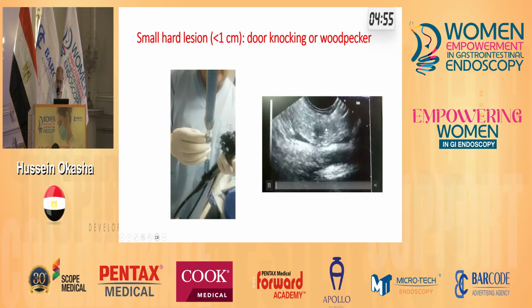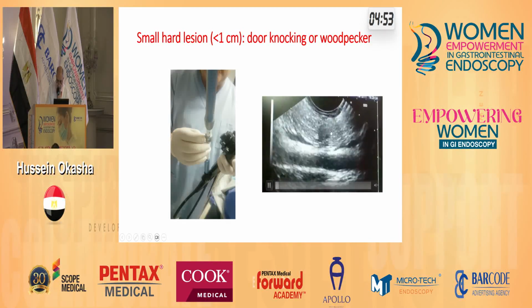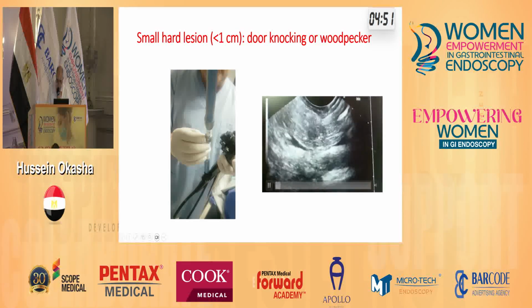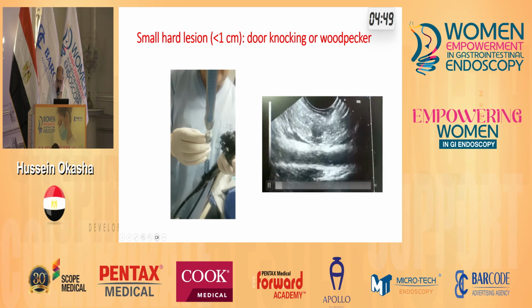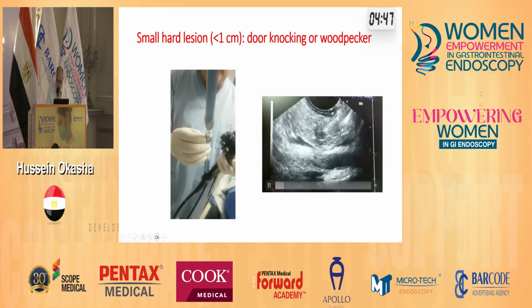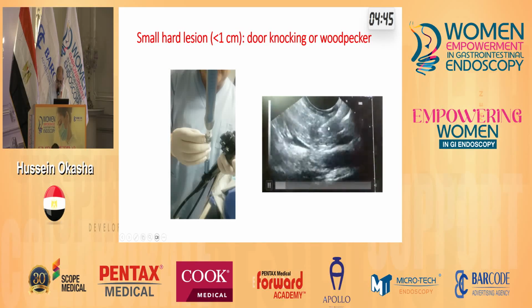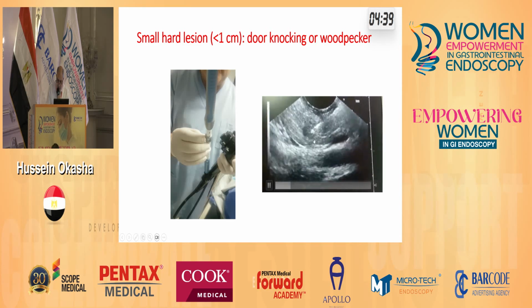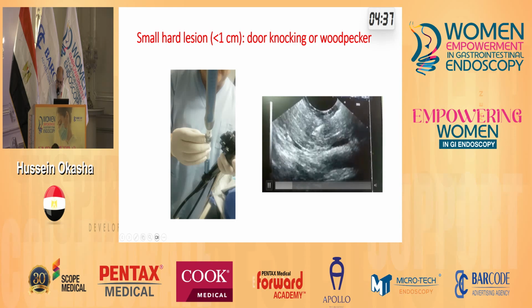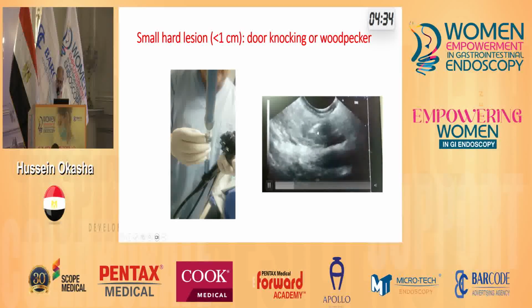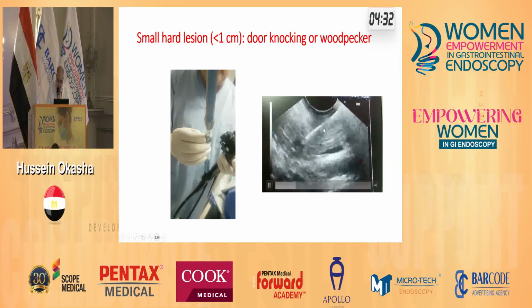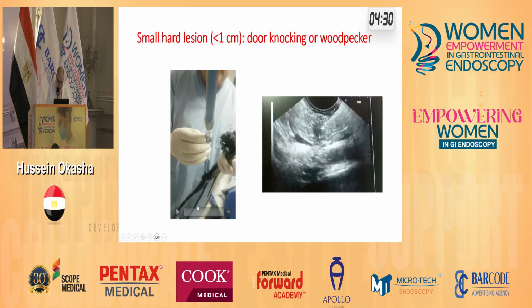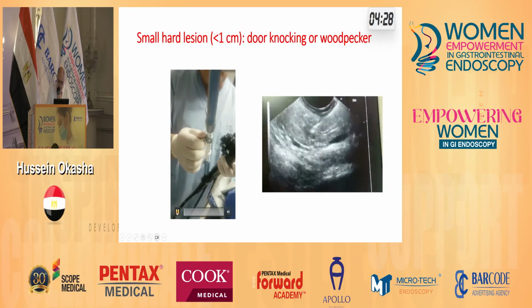This is of very high benefit in a small hard lesion in a soft organ. This is a small lesion in the pancreas, and this is the needle. Now we're puncturing, passing through the normal pancreas, and here at the upper part of the tumor, it is very hard, preventing entrance of the needle. And now I am shaking, just shaking the needle, not moving inside. Here I can apply the door knocking technique.